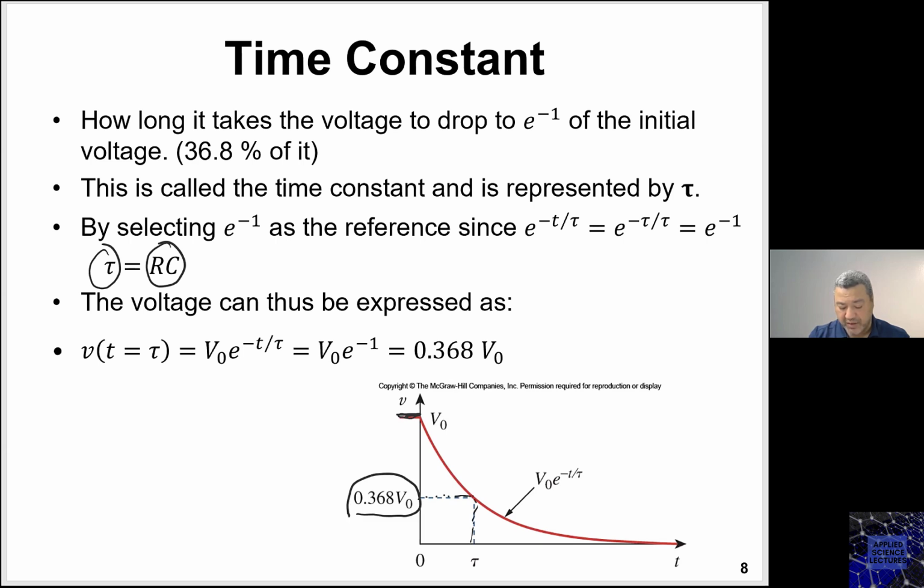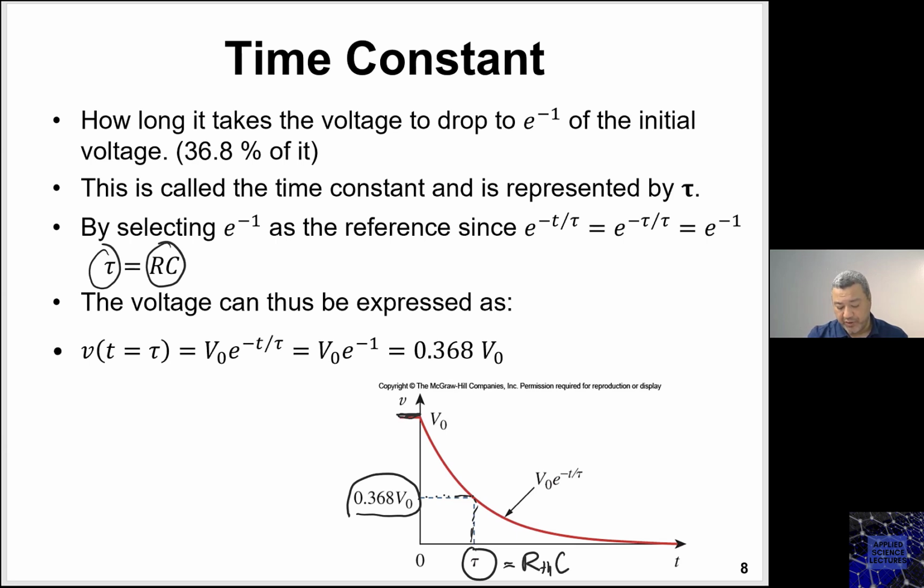Then find this time. This is going to be my tau. This tau is R, again, as I said, this should be the R Thevenin if it's a circuit that has several resistors in it, times C. This tau is the time it takes for the voltage across the capacitor to decrease from its initial value to 36.8% of this initial value, right?